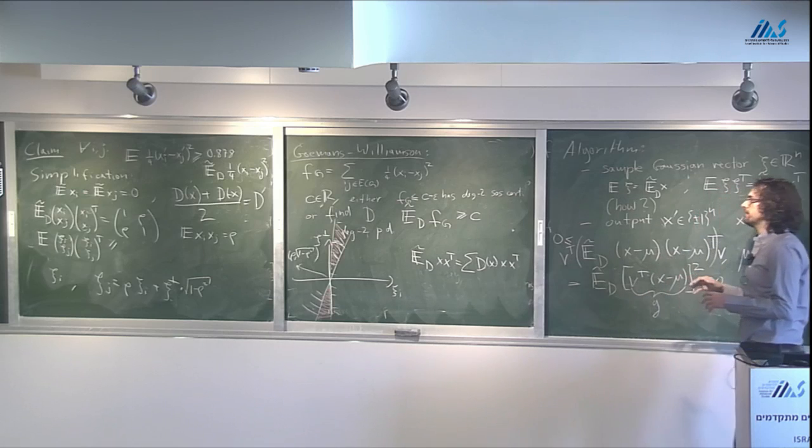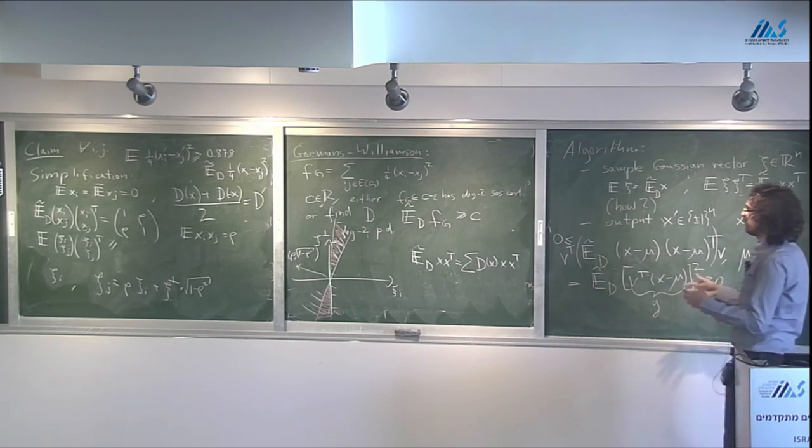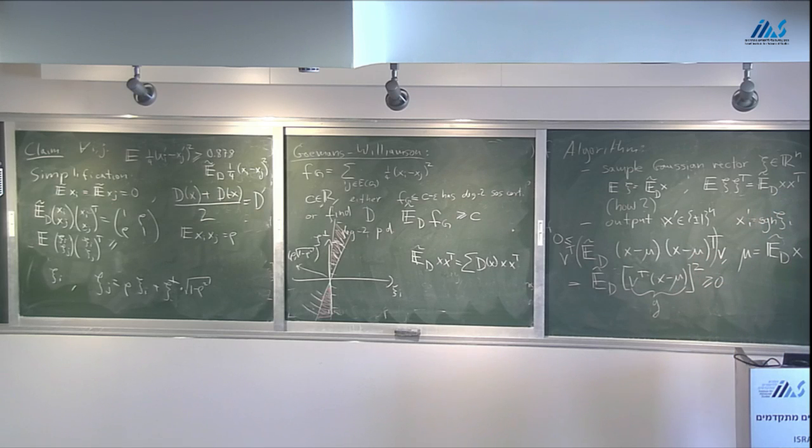And if you're just given the low degree moments of a distribution, it's really hard to sample. It's also computationally, in a formal sense, hard to sample. But it also doesn't seem to be the right way to think about the problem.